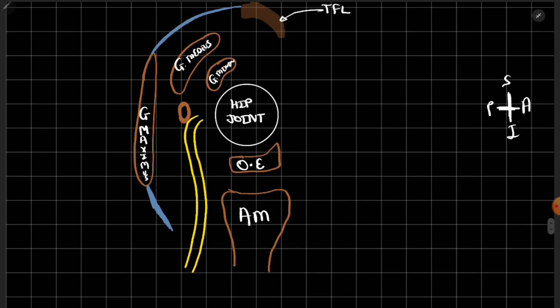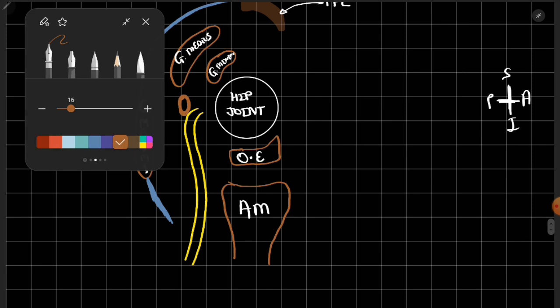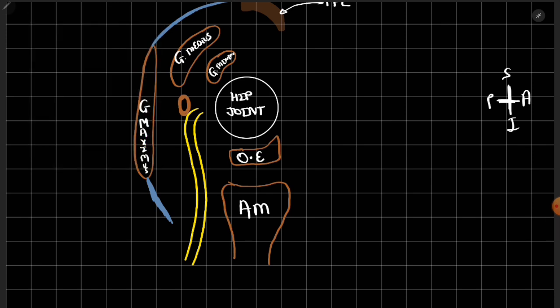Okay, and now the piriformis, the obturator internus with the two gemelli. They will be basically situated more anterior to the sciatic nerve. This is the obturator externus, this one internus, and these are the two gemelli along with it.